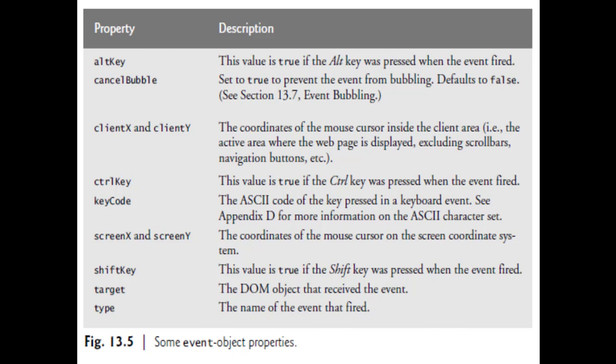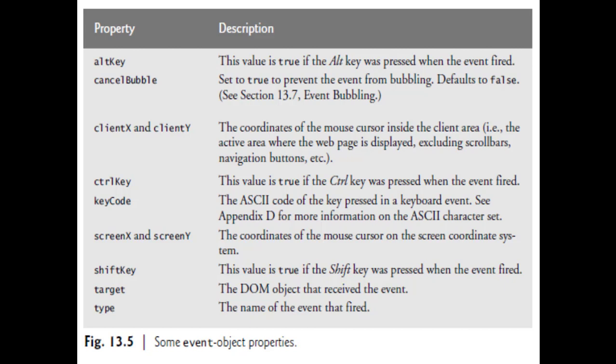Then clientX and clientY, these are the coordinates of the mouse cursor inside the client area. This client area means the active area where the web page is displayed, excluding the scroll bars and the navigation buttons of the browser. Now there is another property, that is ctrlKey. This value will be true if the Control key was pressed when the event fired.